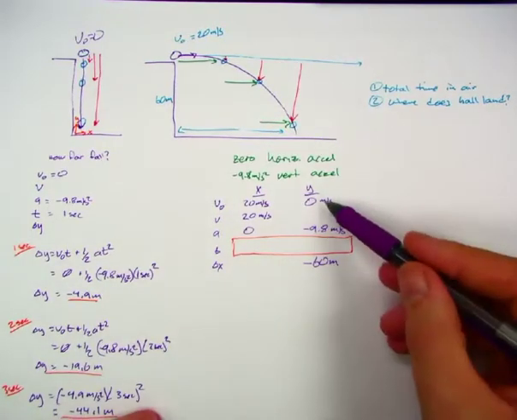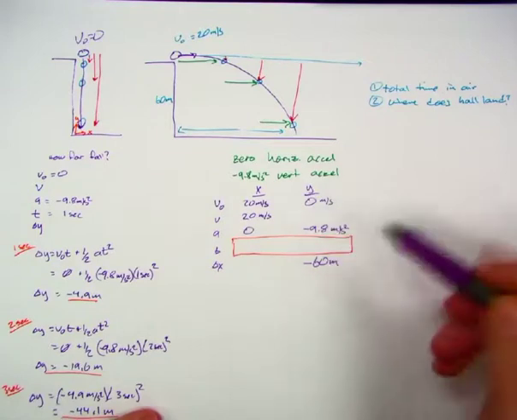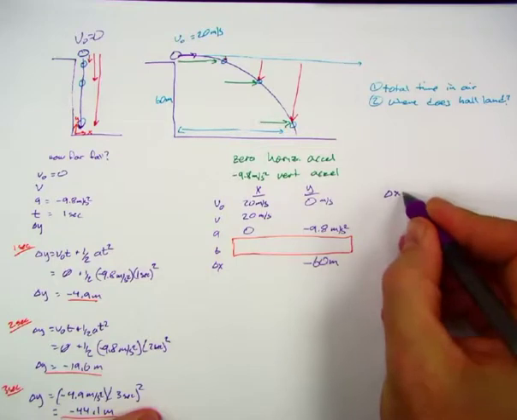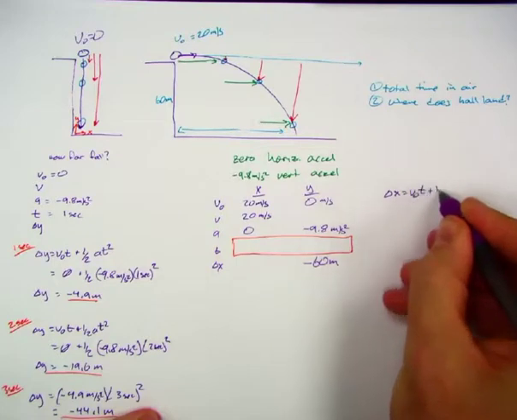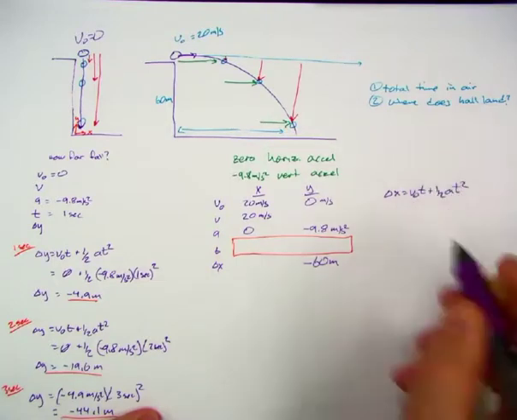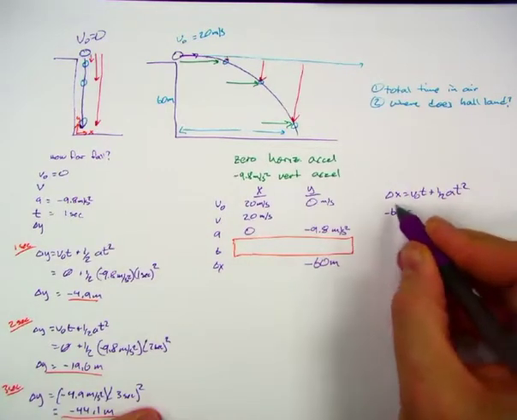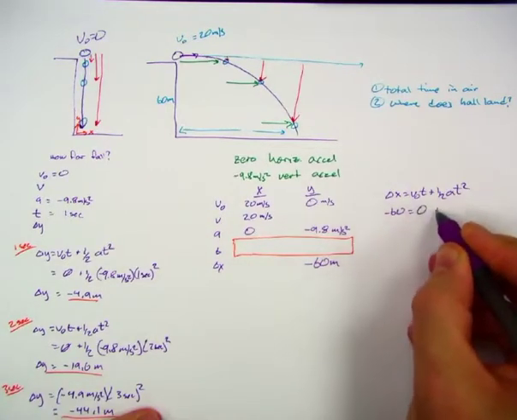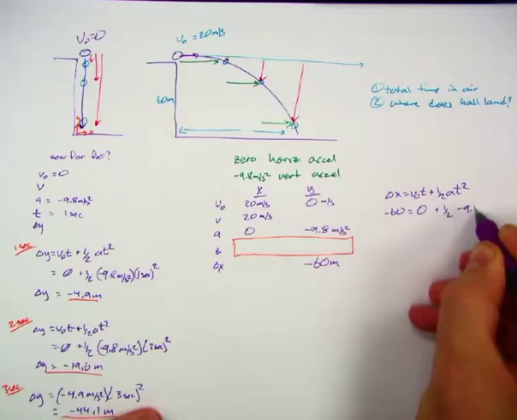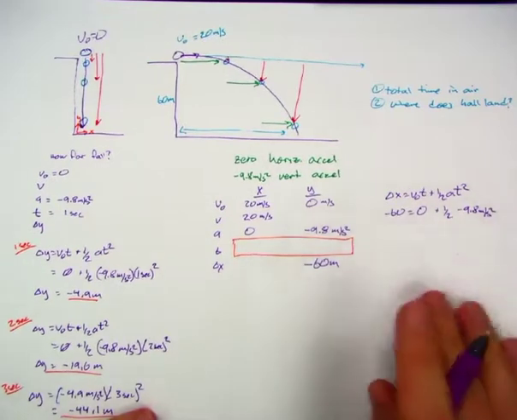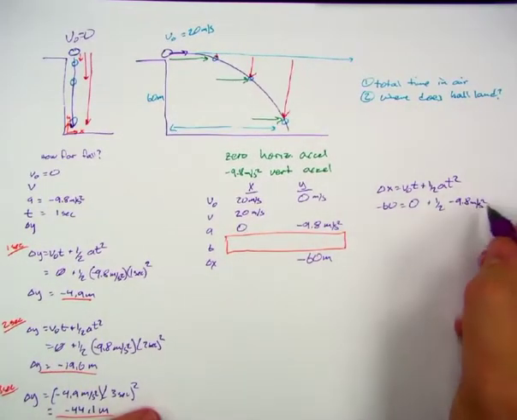I know in the y direction v0, a, and delta x, so I can say delta x equals v0t plus 1/2 at squared. So I know that negative 60 is equal to v0t, which is 0, plus 1/2 times negative 9.8 meters per second squared times t squared, which I don't know.